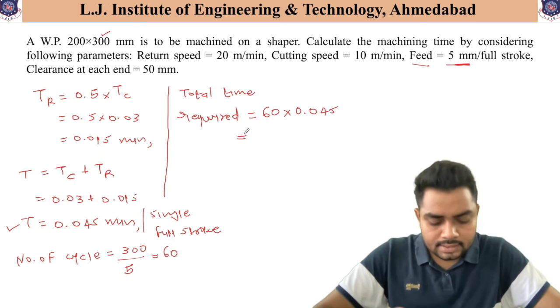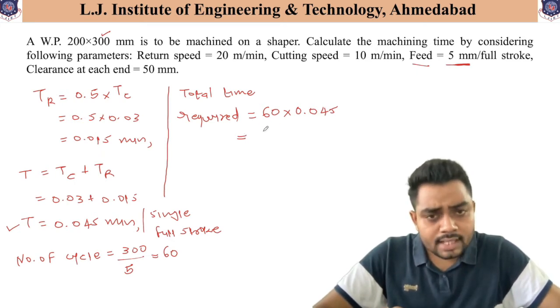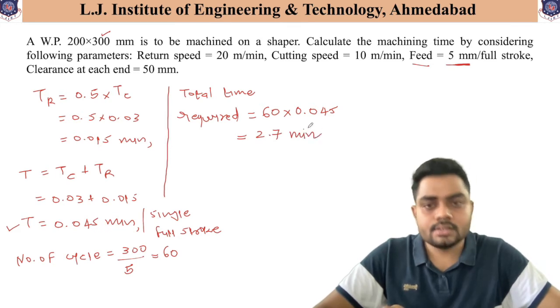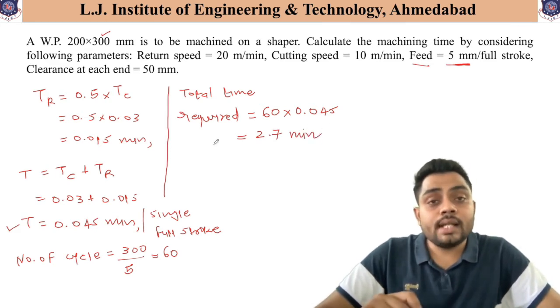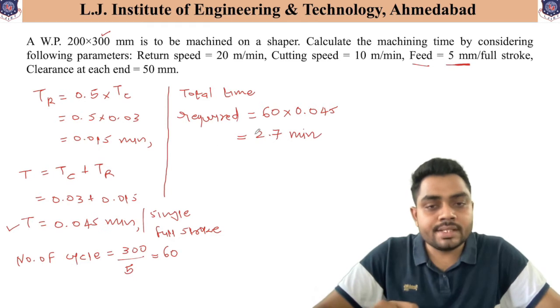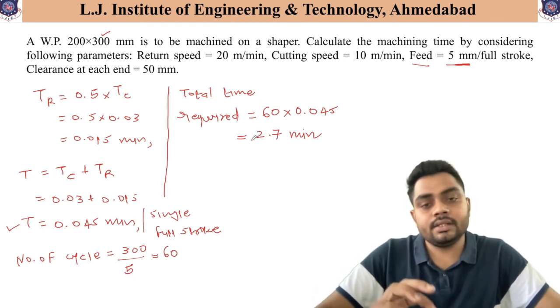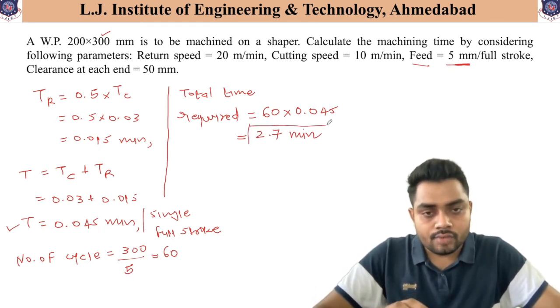When you complete this, you will find the answer as 2.7 minute. So that means the total time required to machine the given workpiece will be 2.7 minute. So this is your final answer.